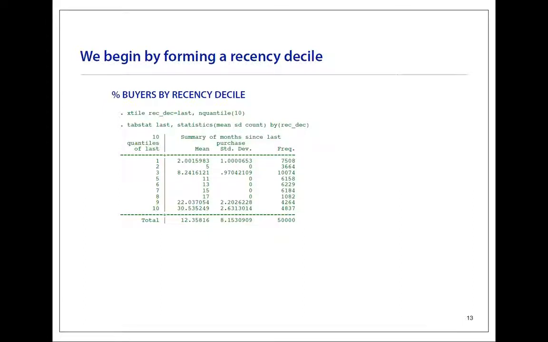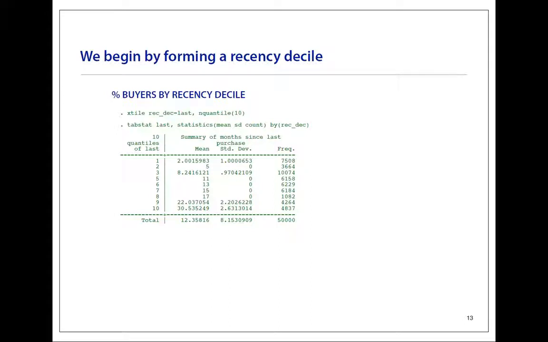Next thing I want to make sure is that the best customer is on top and the worst customer at the bottom. In this case, what I can do is check the mean recency across all the 10 groups, whether the most recent customers are at the top and the least recent customers are at the bottom. The command that I used here is tabstat. Tabstat last, which is the recency measure.